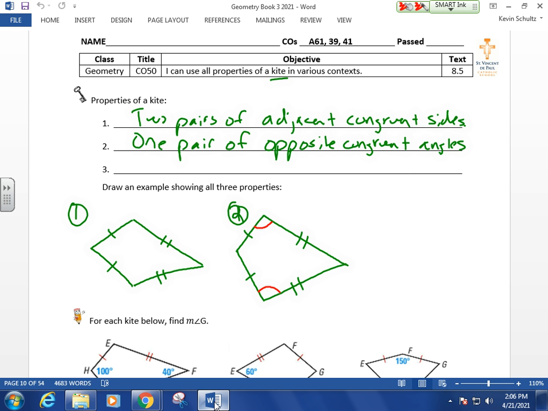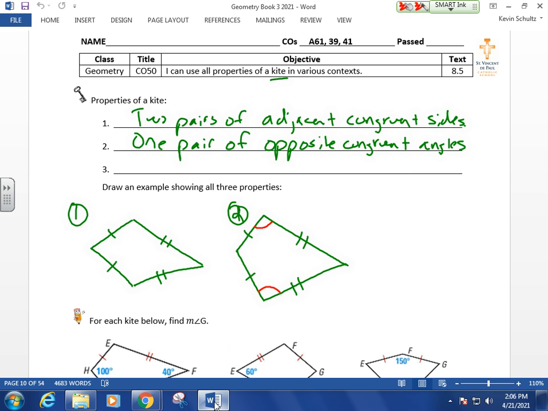CO32 was the Hinge Theorem, if you remember that. Angles that are formed by congruent corresponding sides, like we have here, have to be congruent, because they're formed by sides that are corresponding congruent sides.